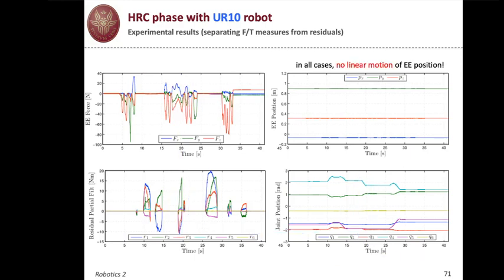In all these situations, if we look at the linear motion of the end effector, we see no motion at all. In fact, the controller either keeps both position and orientation fixed while polishing, or keeps the position fixed and changes the orientation if the human operator is pushing along the structure.